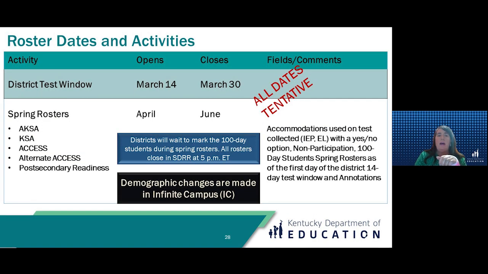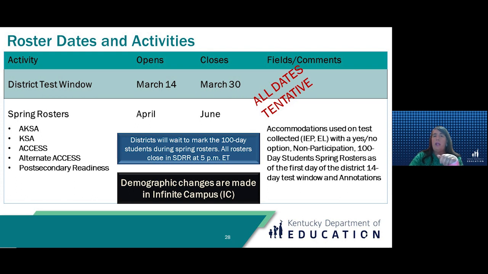Now, we also have our rosters. You'll notice that we always have the roster dates and activities, and that's very important to have, to go over all of these things on one page.